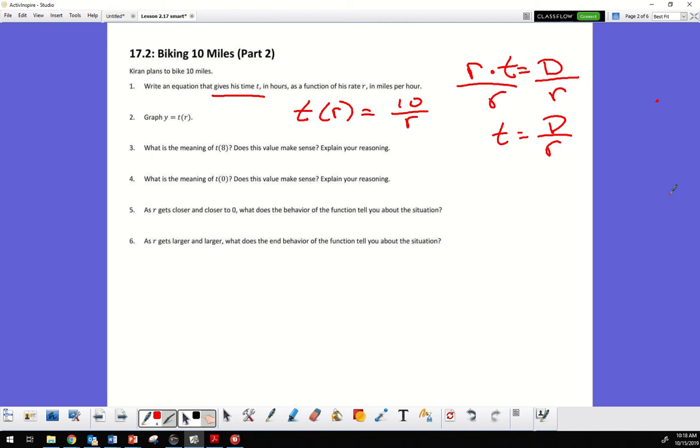R. And the R is my rate. Very good. So now, what is it saying when it says T of 8? 8 miles per hour. So let's go back to my graph and let's see what 8's going to look like.